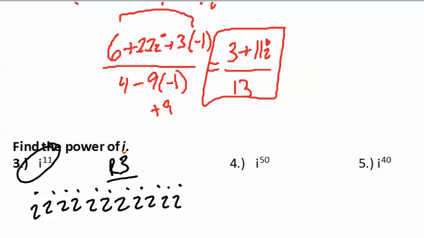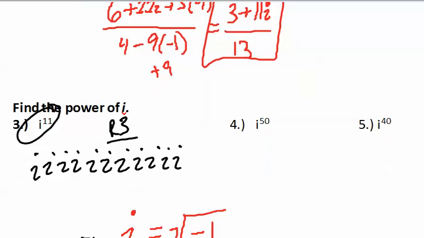Now, you definitely wouldn't want to write this out all the time. I'm just showing you what's happening. So I think to myself, okay, 4 goes into 11 twice, and there are 3 left over.